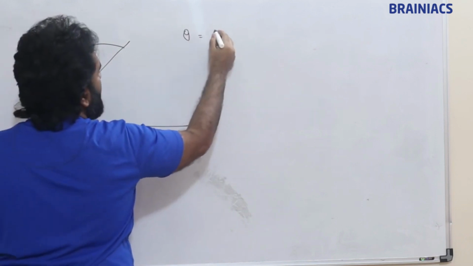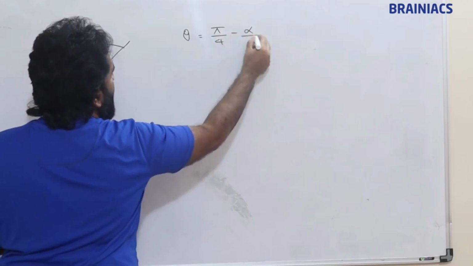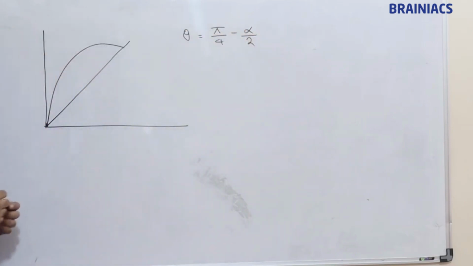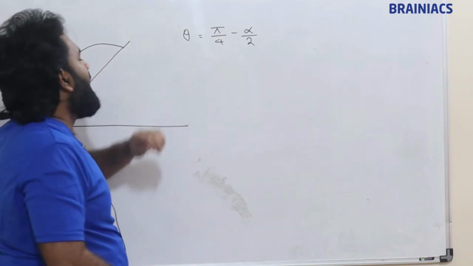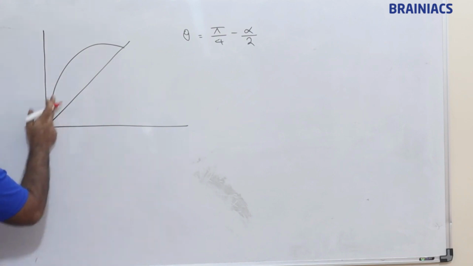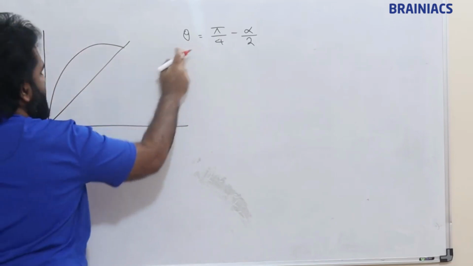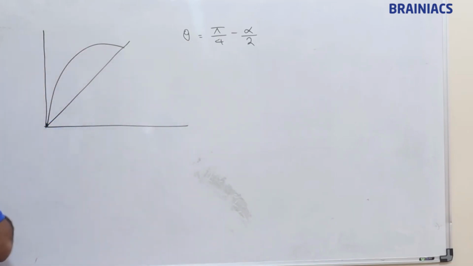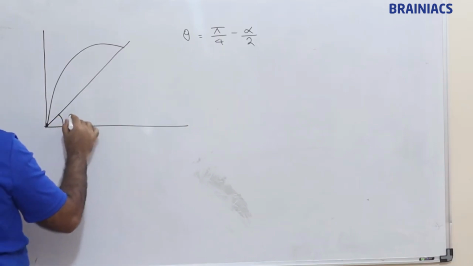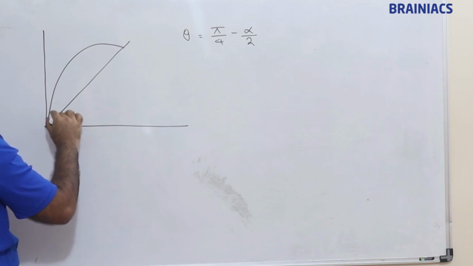The angle is equal to pi by 4 minus alpha by 2. This is what we have derived. So if we project at such an angle, that is this theta, then we will be getting maximum range. So this is alpha and this is theta.